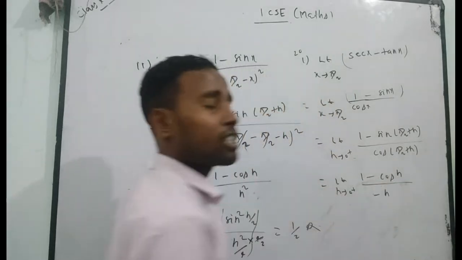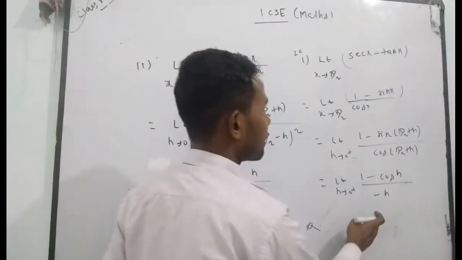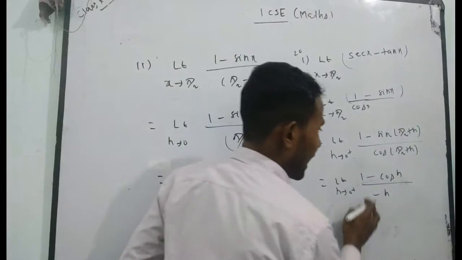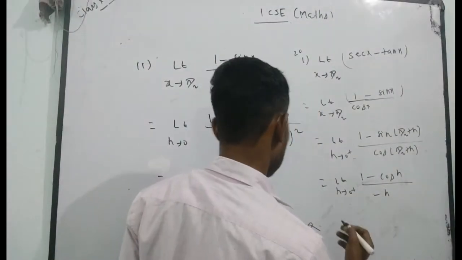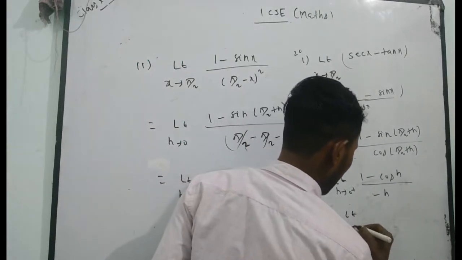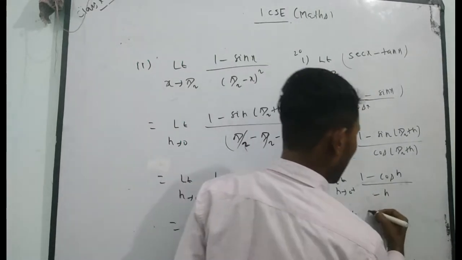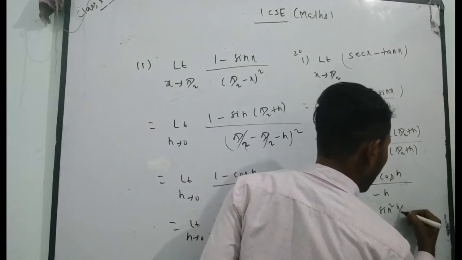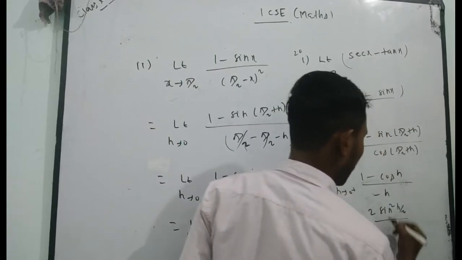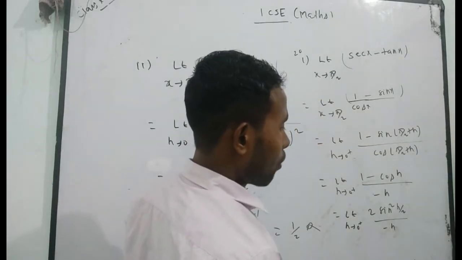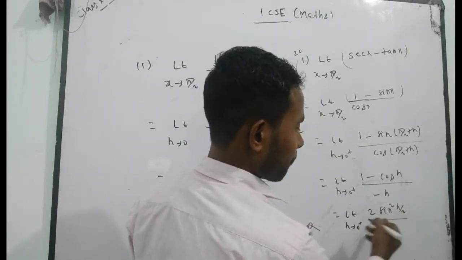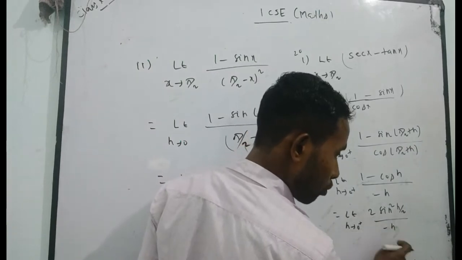Now 1 minus cos h is equal to what? What is the formula of 1 minus cos h? 1 minus cos h is equal to 2 sin square h by 2, limit h tends to 0 from the right hand side, and in the denominator you get what? Minus sin h. Now can you take these two in the denominator?